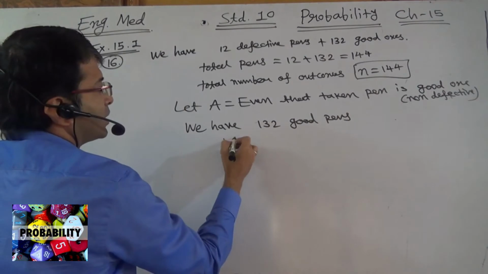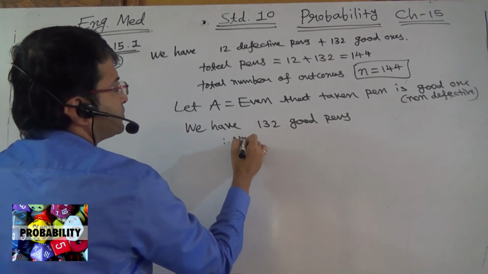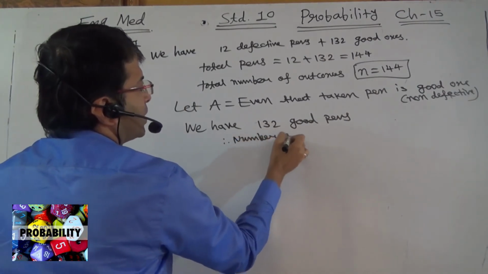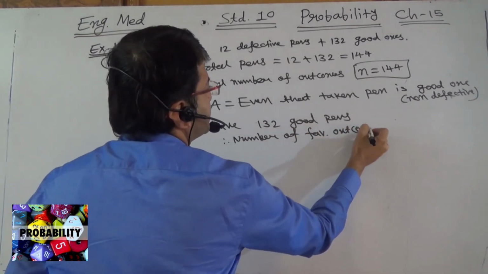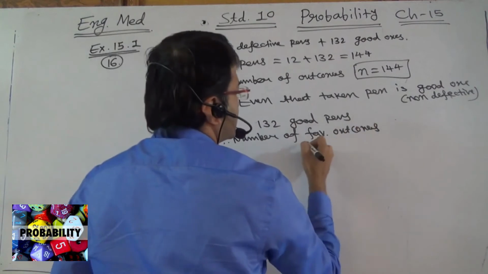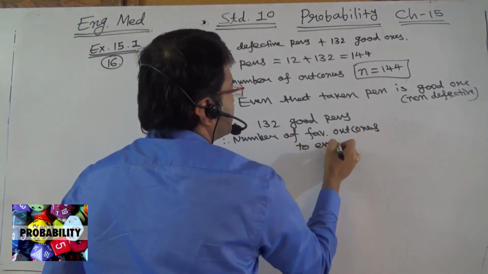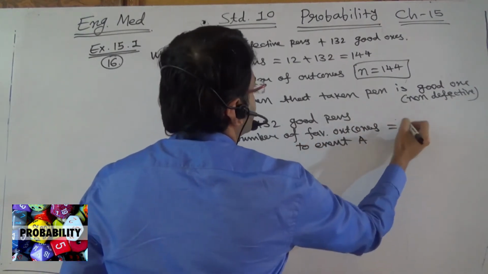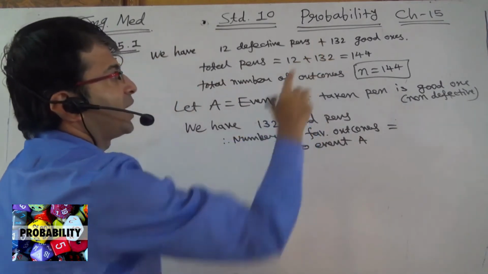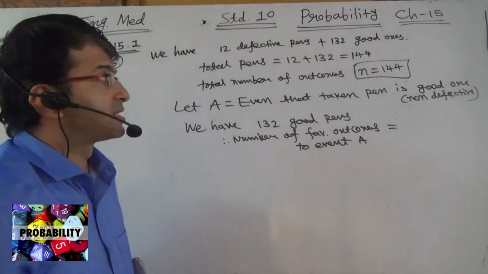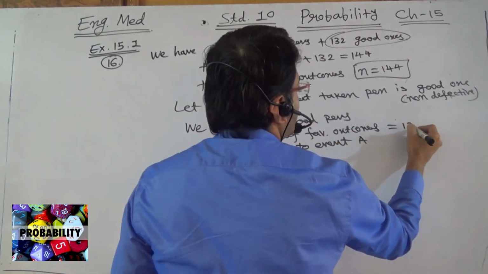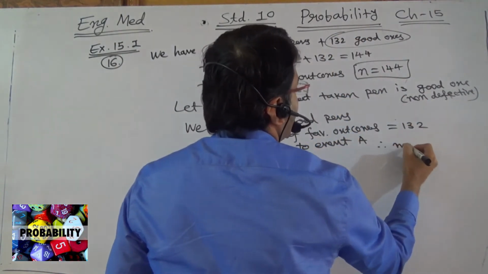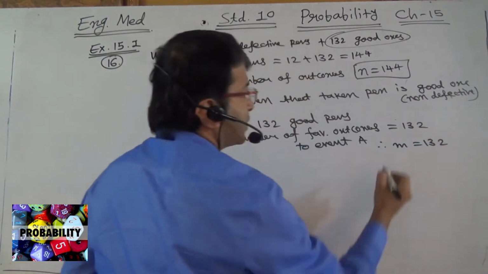Therefore, the number of favorable outcomes to event A equals 132. So M equals 132.